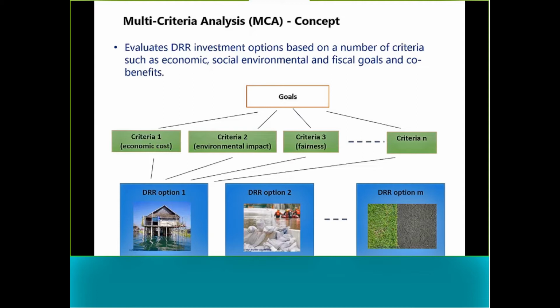How important is environmental impact versus fairness? So that we calculate a relative weighting of these criteria. Once we have these scores and the weightings calculated, we can aggregate them into weighted scores. Then we pick the investment option that has the highest weighted score as the most preferred option.